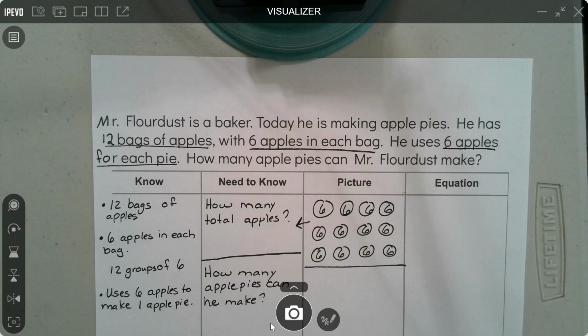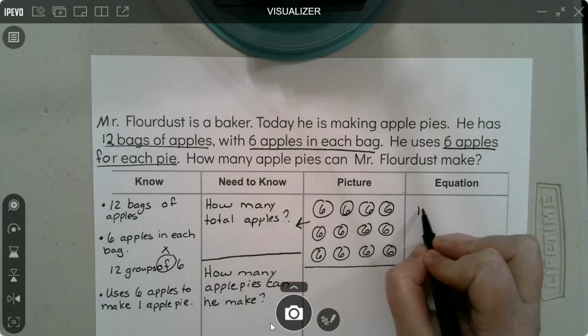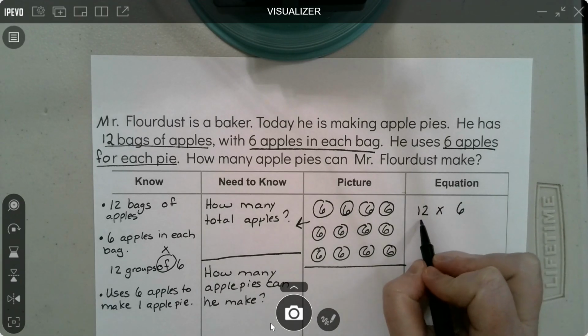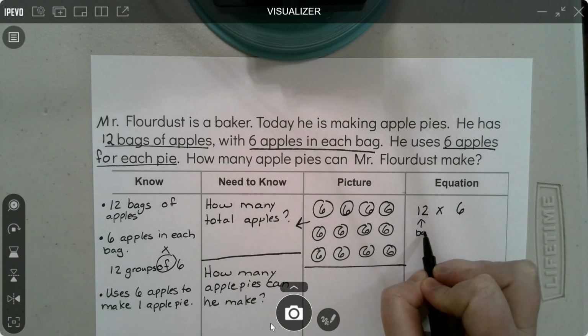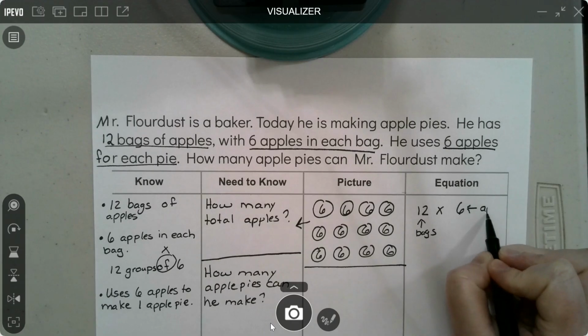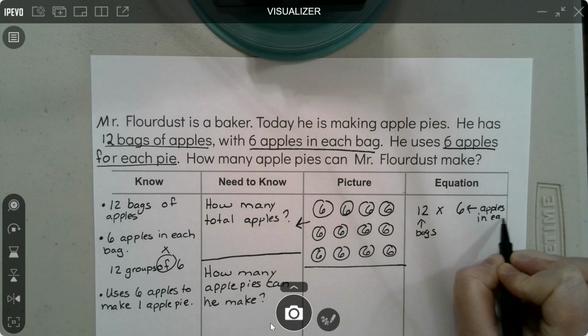Well, we do multiplication. I'm going to bring you back to this right here. 12 groups of 6. Now remember, of means multiplication. So 12 times 6. 12 bags, 6 is the apples in each bag.